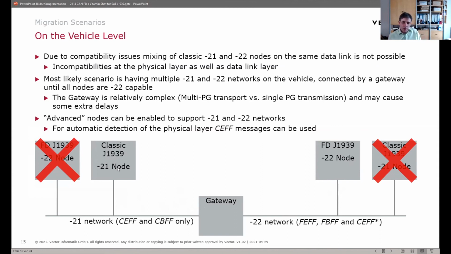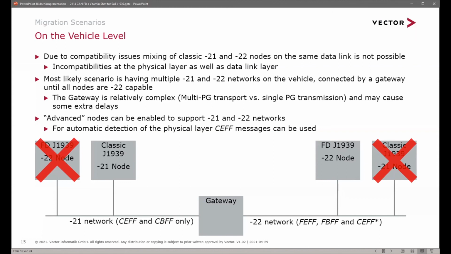So the thing for the gateway is to find the right trade-off between latency and efficiency on the network. There's no measurement that has been done by the committee, but this is certainly a very good question, and you have to answer it if you design such a gateway in your system.